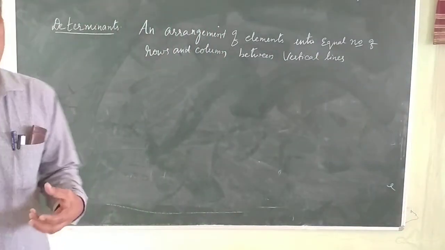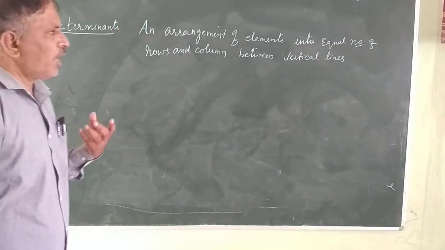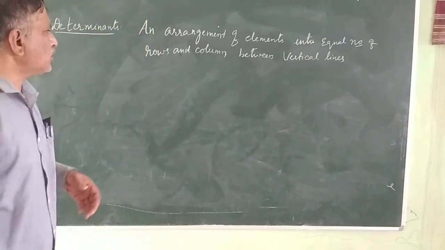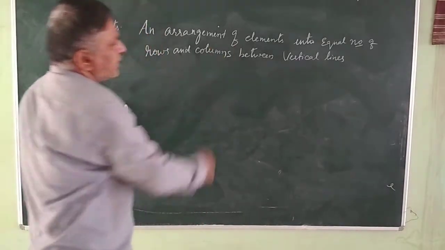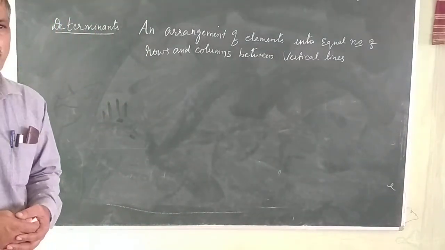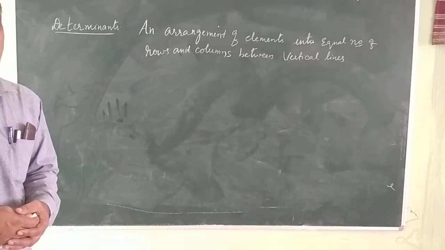So determinant means an arrangement of elements into equal rows and columns between the vertical lines is called determinants.